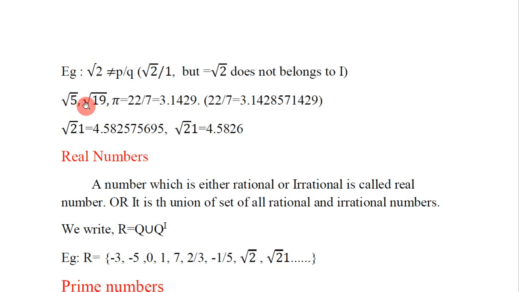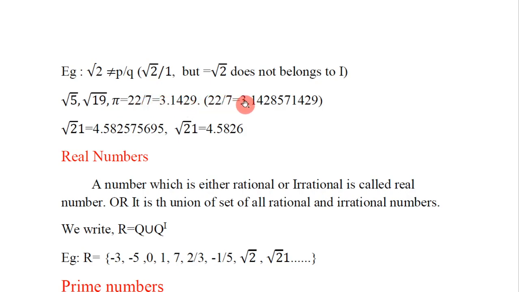Similarly, square root of 5, square root of 19, etc. are irrational numbers. The value of pi, usually we take it as 22 by 7, but 22 by 7 is not the exact value of pi, it is an approximate value of pi. It is the number which is approximated to 22 by 7.